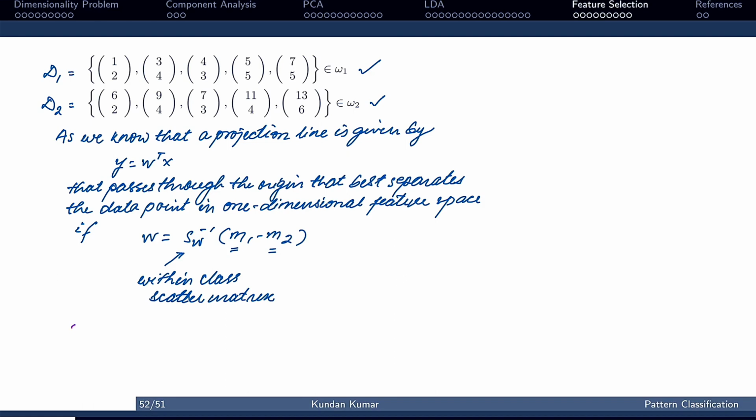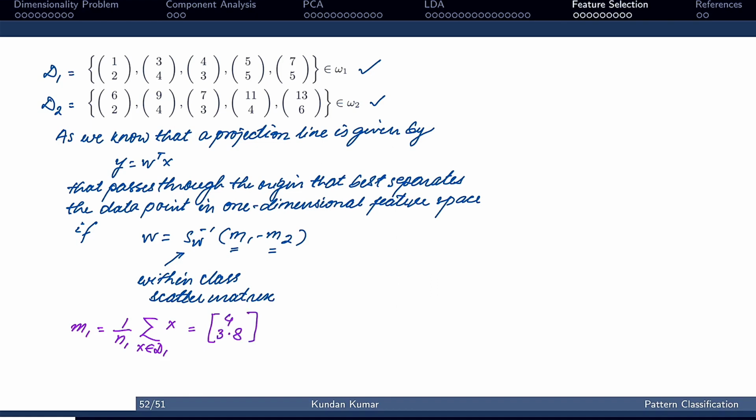So, M1 equal to 1 by N1, where N1 is the number of samples in set 1, and we will take the summation of all the feature vectors in set 1. So, when you calculate, the value will come 4, 3.8.